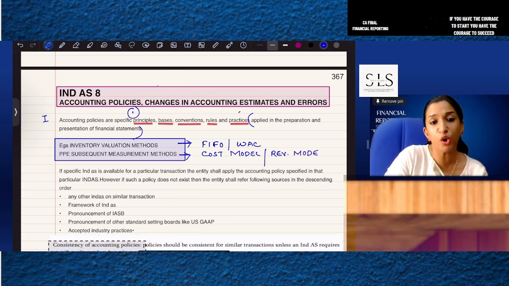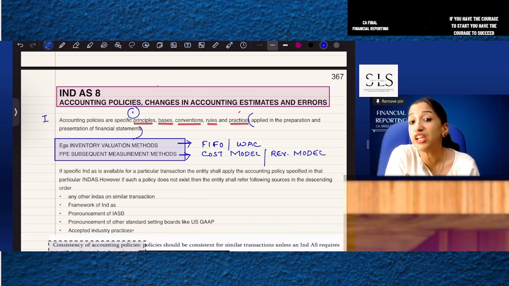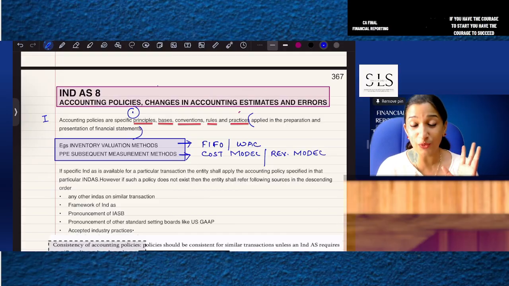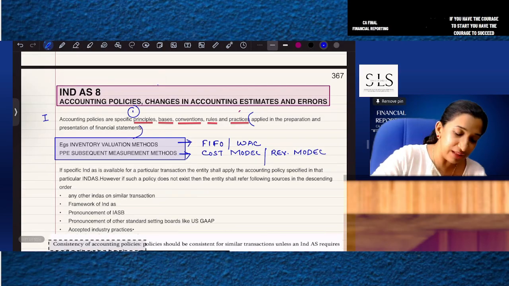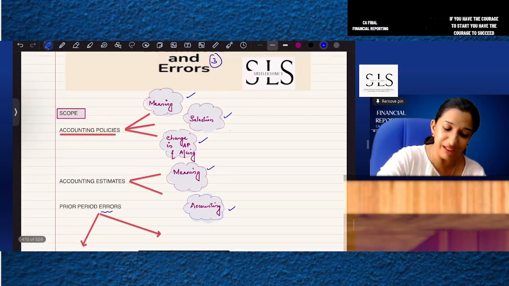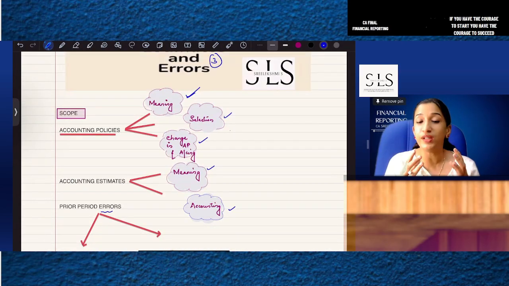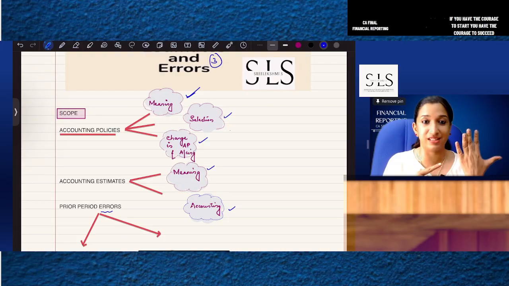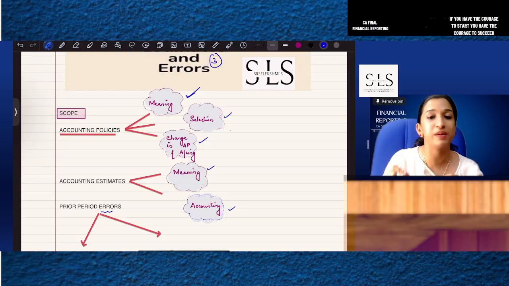These are accounting policies. Entities are free to choose their accounting policies provided that it has to be disclosed. So that takes care of the meaning of accounting policies. Accounting policies are specific accounting principles, bases, conventions, rules, and practices applied in the preparation and presentation of financial statements.